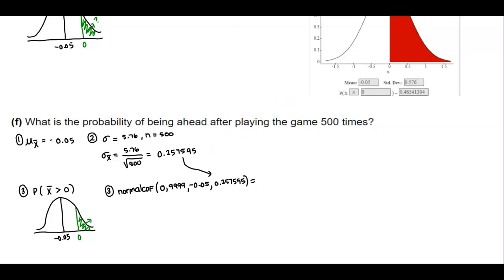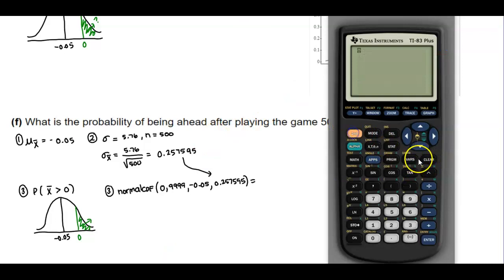Okay, so again, let's plug it into our calculator. Second distribution, normal CDF. 0 is the lower bound, 9999 is the upper bound. The mean is negative 0.05, and the standard deviation is 0.257595. Let's go ahead and find that.